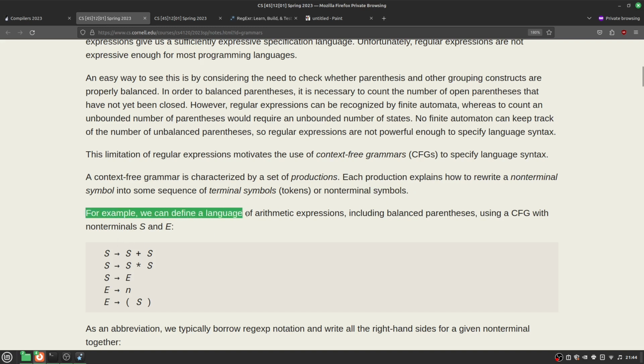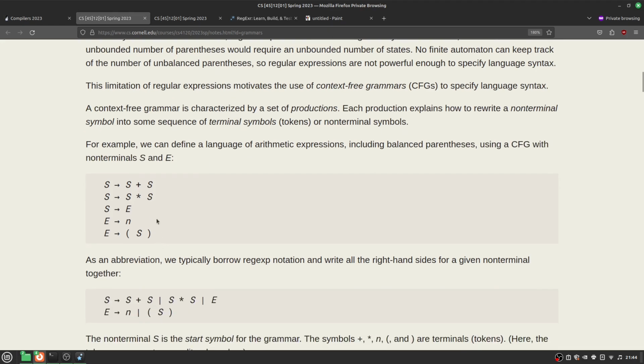For example, we can define a language of arithmetic expressions, including balanced parentheses, using a context-free grammar with non-terminals S and E. As an abbreviation, we typically borrow regex notation and write all the right-hand sides for a given non-terminal together.